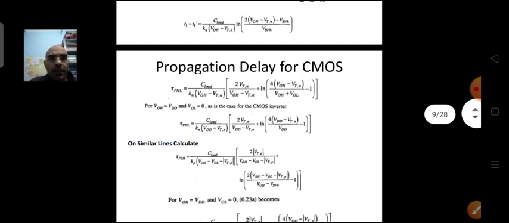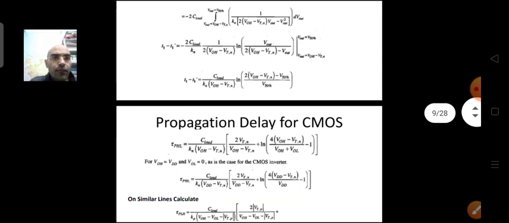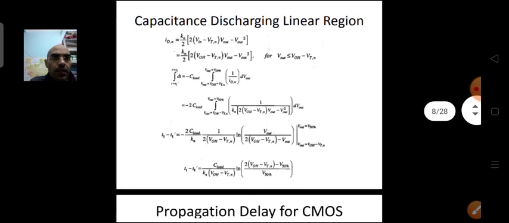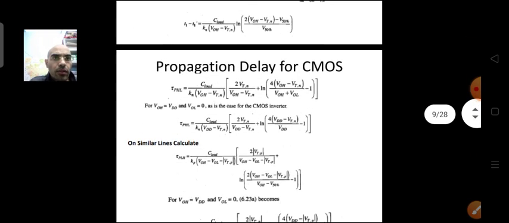So tau PHL is C load upon Kn times (VOH minus VTN) times [twice VTN upon (VOH minus VTN) plus log of (4 VOH minus ... V50%)], the sum of these two terms.